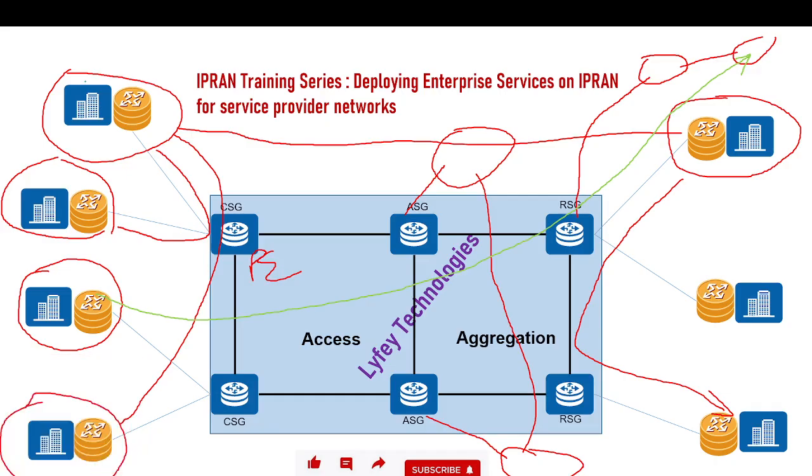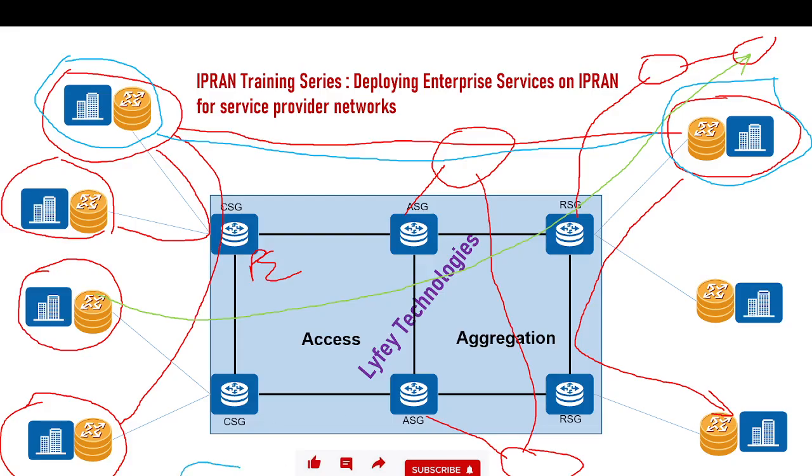So we have a customer office here, and we also have another customer office here, and their requirement is to have communication from site A to site B. So this is a kind of point-to-point connection. And sometimes we have multiple customer offices, so we can have another office here connecting to this CSG for the same customer. And this customer requires that he should be able to communicate. Maybe this is the HQ, the headquarters, and the others are branches.